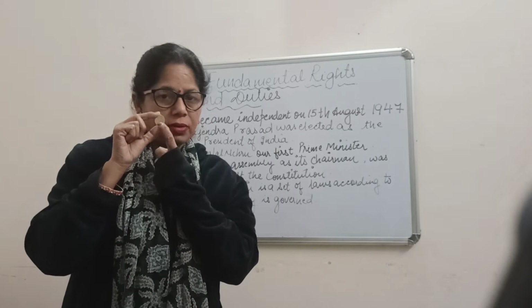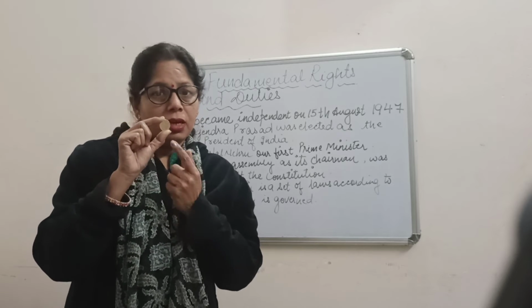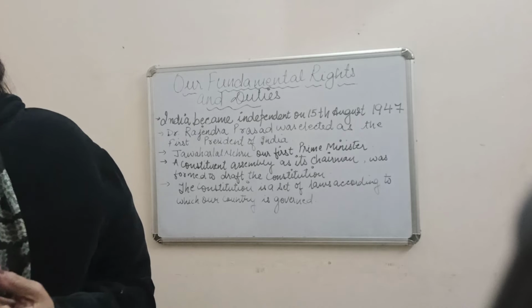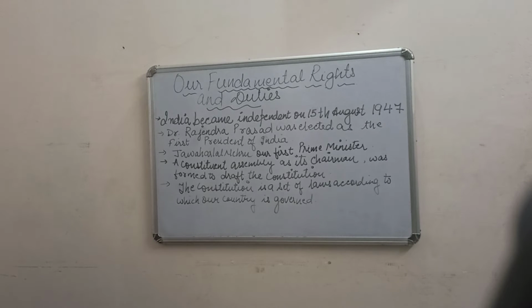Whether it is a 5, 10, whatever it is. So in that case, what happened? He will return you the coin and he will say, sorry, bring the other coin, then I will give you the lace. So we come to know that it is very important that both sides should be there.